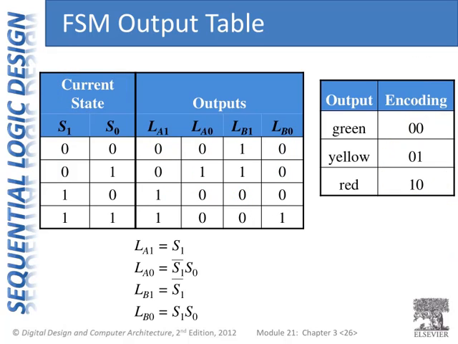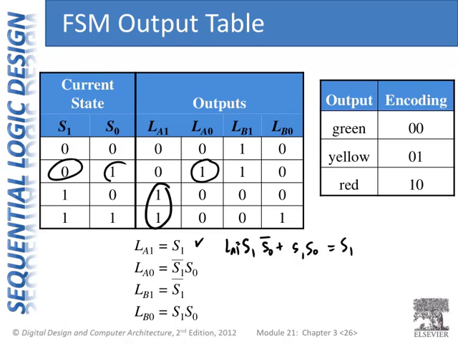And so now we can write equations for these circuits. LA1, bit 1. Sum of products, we're going to get S1 S0 bar, or S1 S0. Using combining, we just get S1. That's for LA1. LA0, we just have the single one, S1 bar and S0.